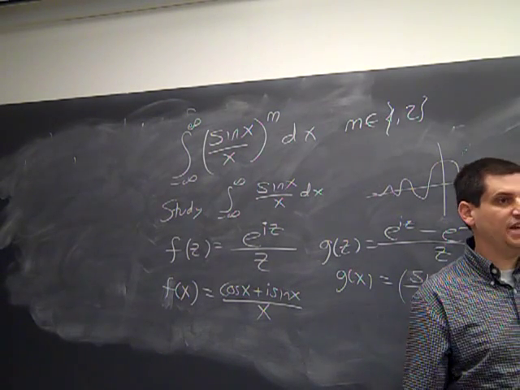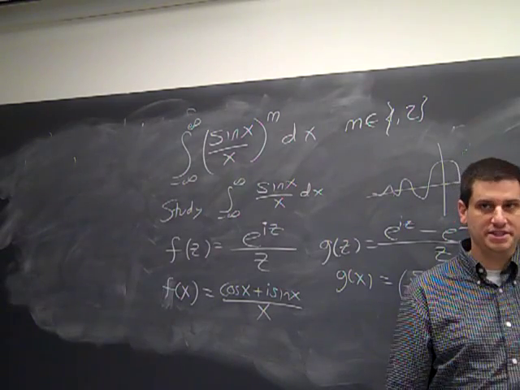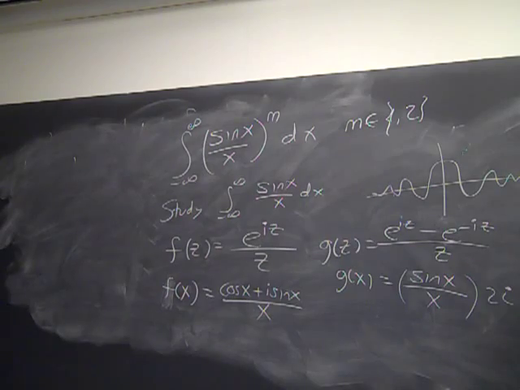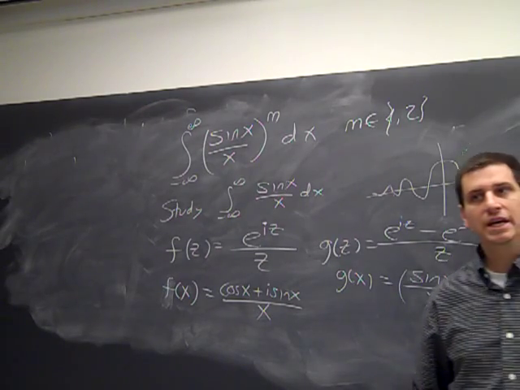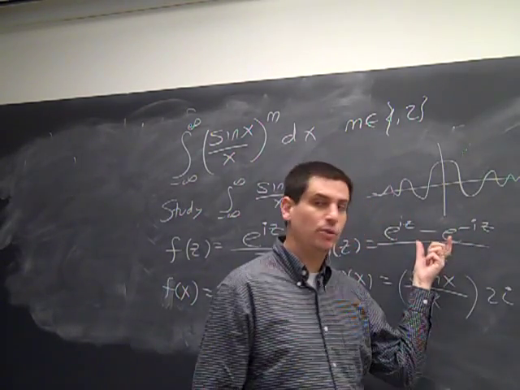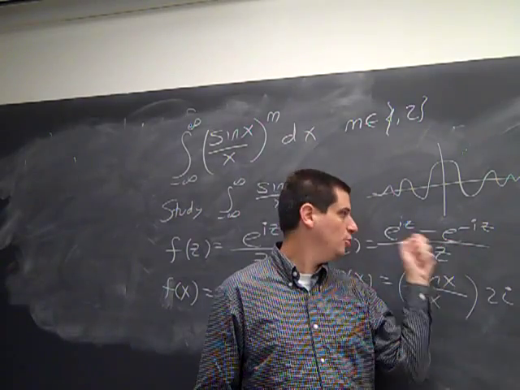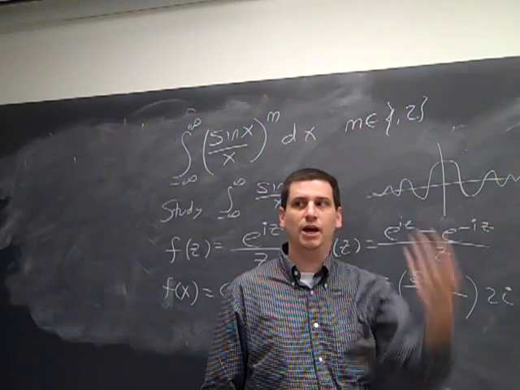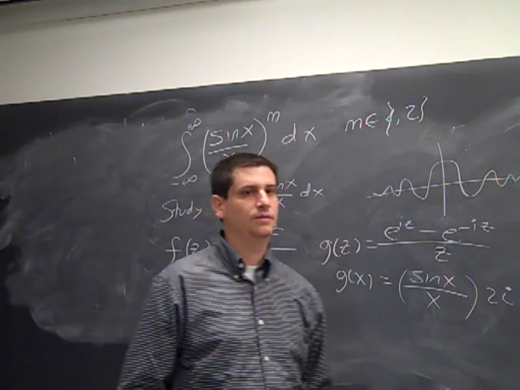So this function is decaying rapidly as y gets large, and this function is blowing up rapidly as y gets large. If I were to use this function, I would have to basically modify my contour for each piece. And I'd have to do one piece in the upper half plane and one piece in the bottom half plane.